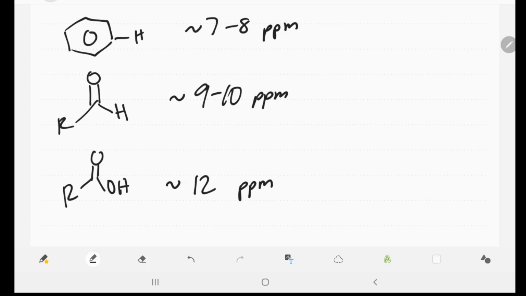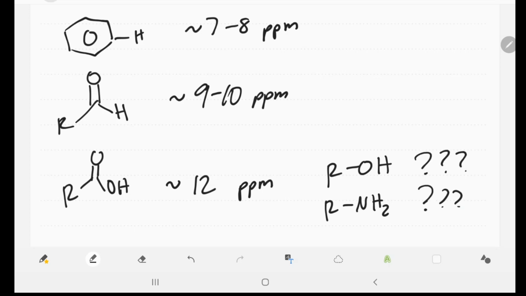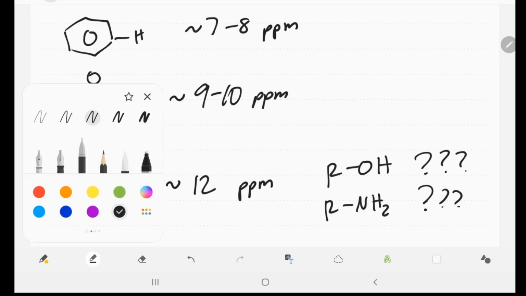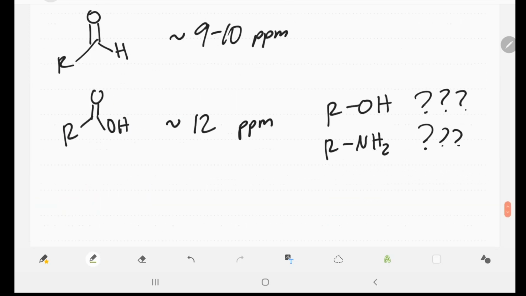We'll see that alcohol ones themselves show up all over the place. I would hazard to say these show up between 2 to 6 or so.